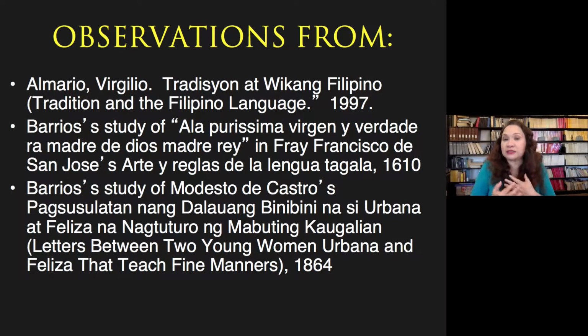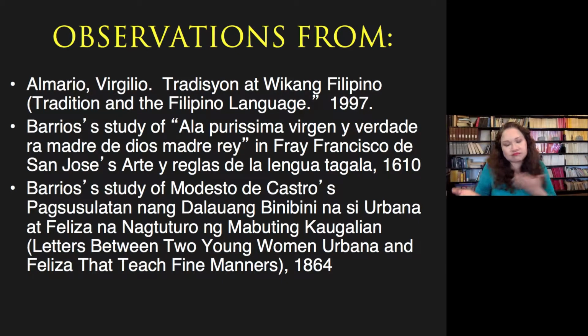I also did my own study of A la Purísima Virgen y Verdadera Madre de Dios, Madre Rey. You find that in Francisco de San Jose's Arte y Reglas de la Lengua Tagala, written in 1610. I also did a study of Modesto de Castro's Pagsusulatan ng Dalawang Binibini na si Urbana at Felisa na Nagtuturo ng Mabuting Kaugalian.